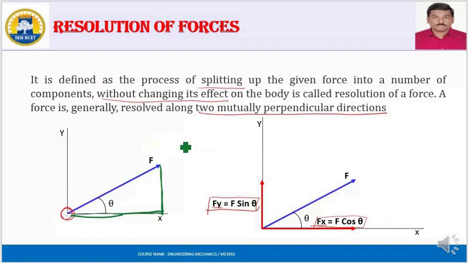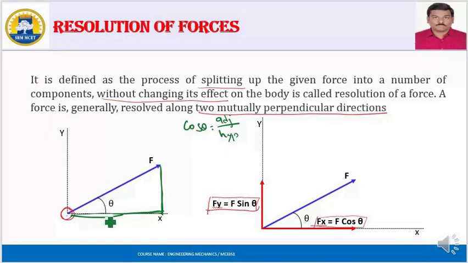Cos theta is equal to adjacent side by hypotenuse.